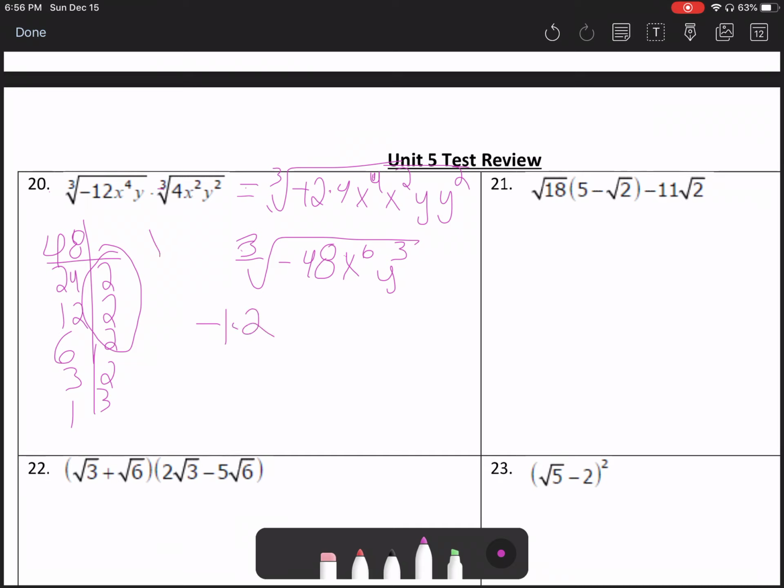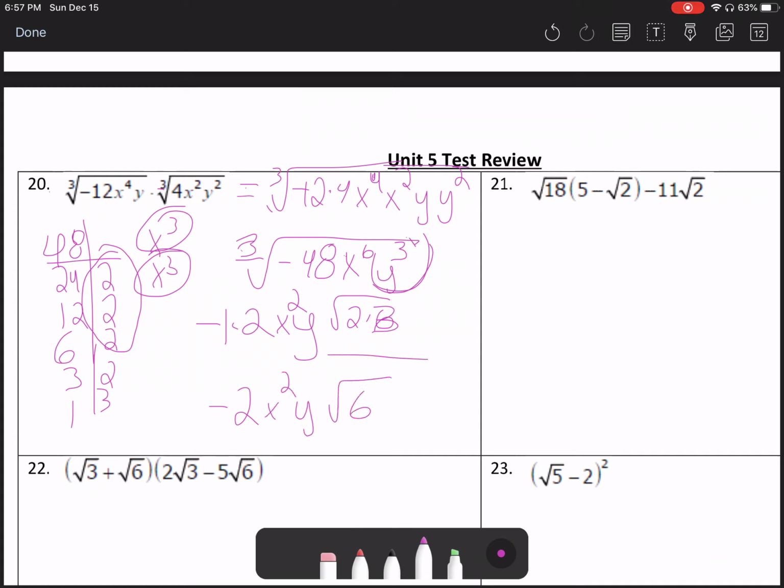My x to the 6, well, that's x cubed and x cubed. So I have 2 x cubed, so this is going to be x squared. And I have y cubed, which is a set of 3 y's. So I have a y here. So the only thing that's actually going to be left on the inside is the 2 and the 2 times a 3. And so I end up with negative 2 x squared y radical 6. And that's my final answer for that one.